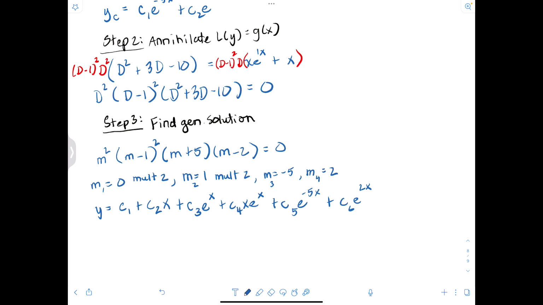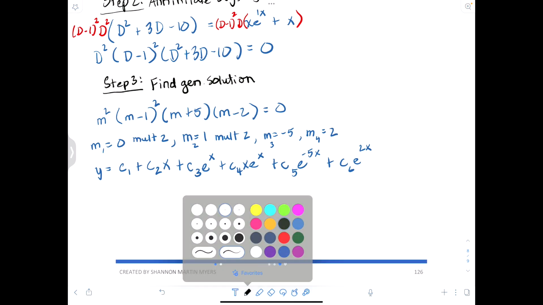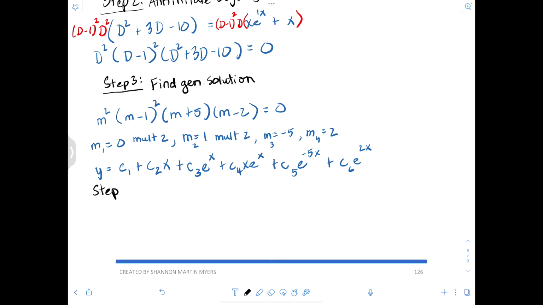Long one this time, right? All right, so now step 4. This will be a little harder to solve.